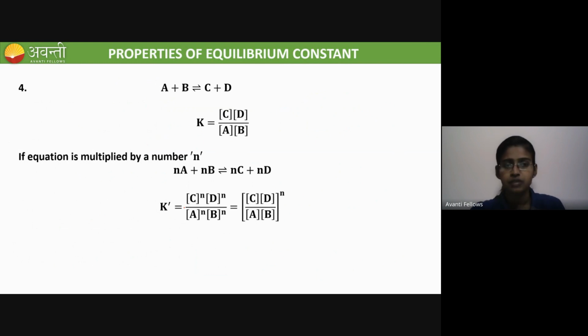So K dash will be equal to K power n. The multiplied number should be denoted by giving the power.